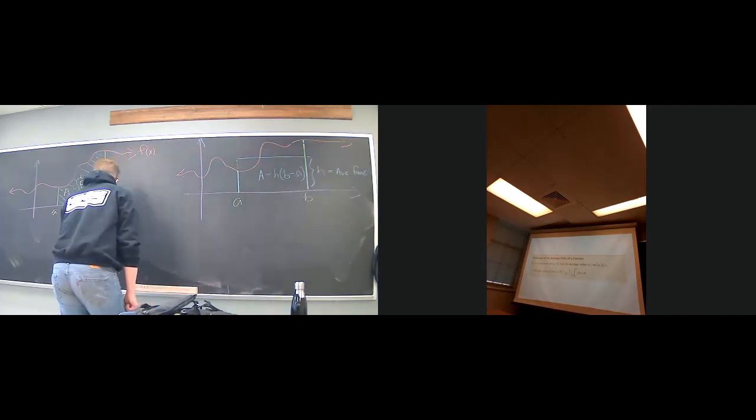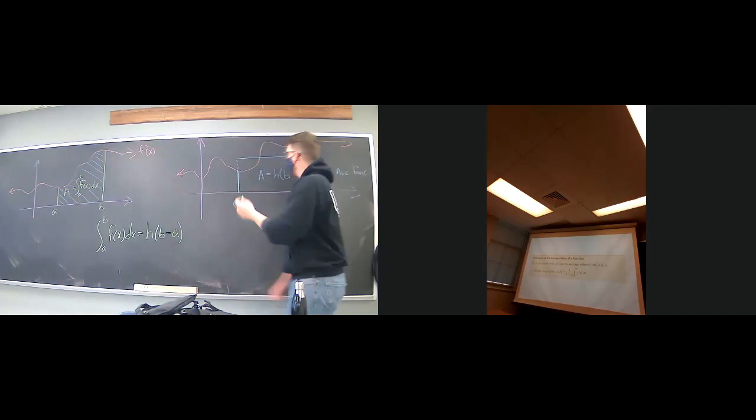So setting these equal, we get the integral from a to b of f of x dx is equal to h times b minus a, because these areas are going to be equal, right?